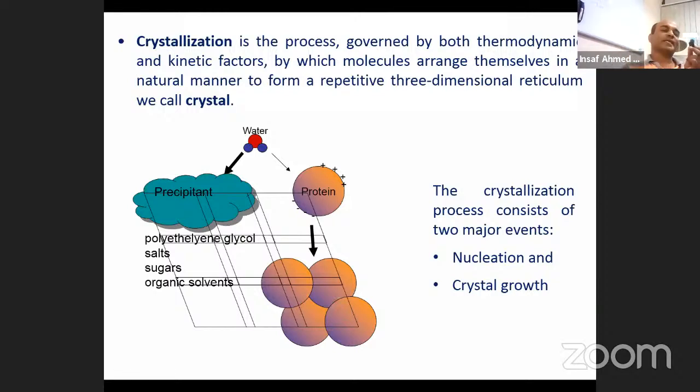But when you add a precipitant, those precipitant molecules start absorbing the water from the solution and taking it away. When protein molecules are in water, they are easily mobile, some here, some there. Now when the precipitant takes away the water, these protein molecules, which were away from each other, start coming closer and make a reticulum like this.